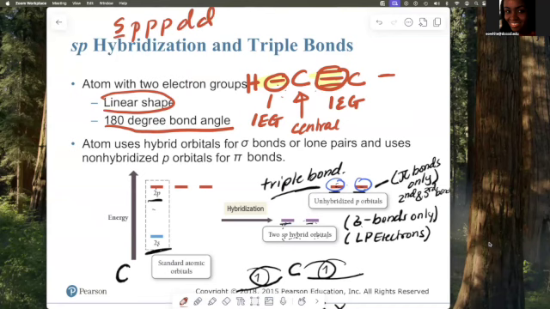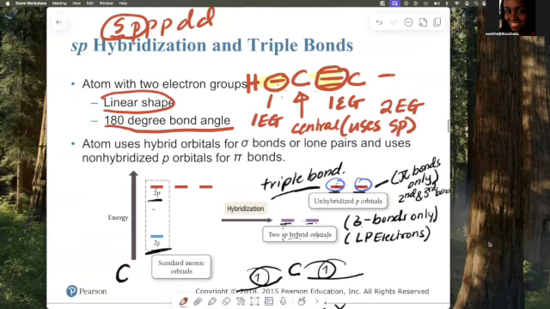You're selecting the letters and you're selecting the number of letters to match the number of electron groups. Since we only need 2 electron groups, we're only going to be using the first 2 letters here. So the carbon in the center, the central carbon, uses sp hybridization to bond.